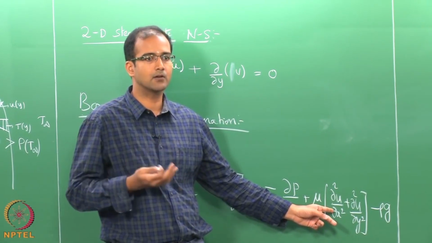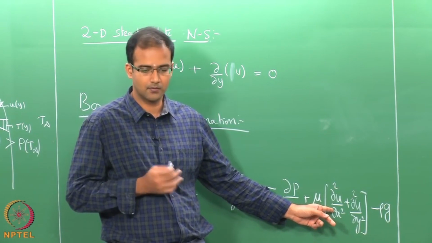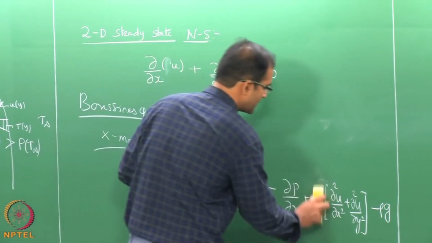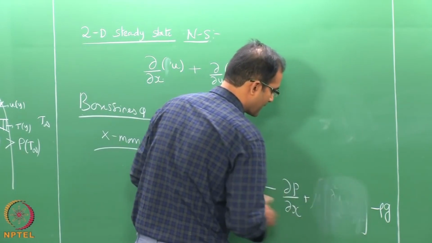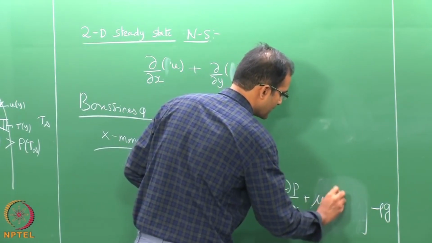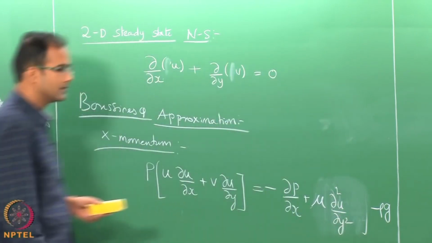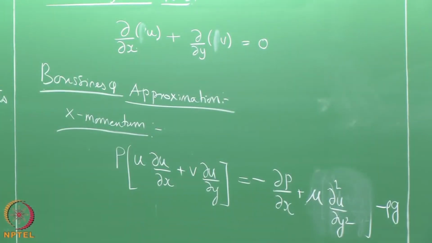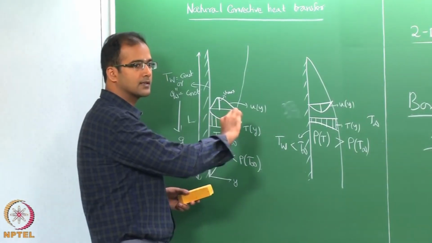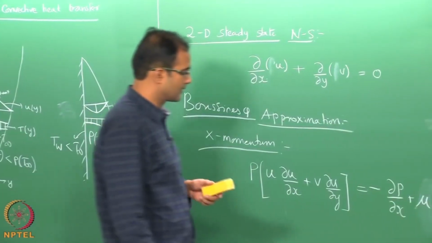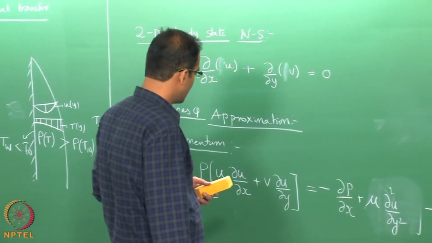This is the same conclusion that we also got from external forced convection, and therefore, for the sake of simplicity, we will only write the diffusion perpendicular to the plate, or in the direction across the boundary layer. This is the most dominant direction of the viscous diffusion, right. So, therefore, we have the x momentum.